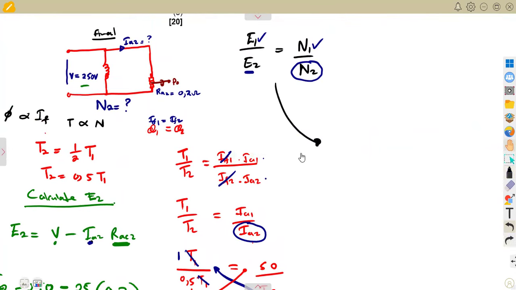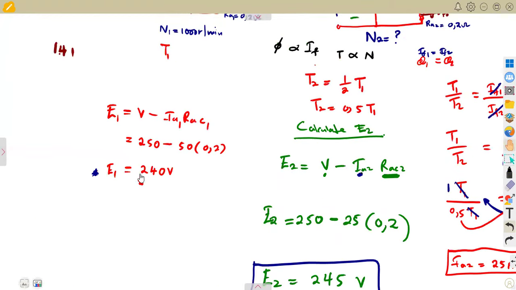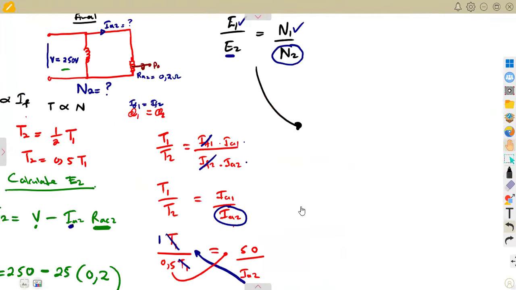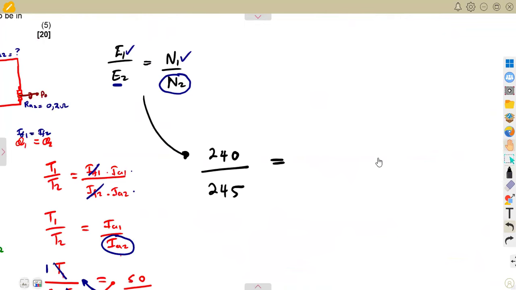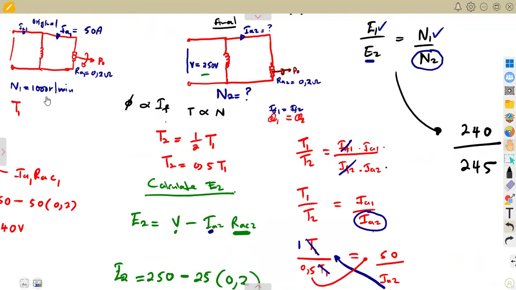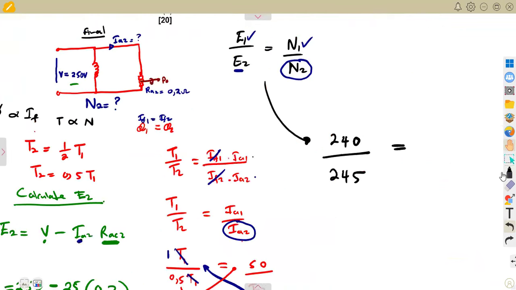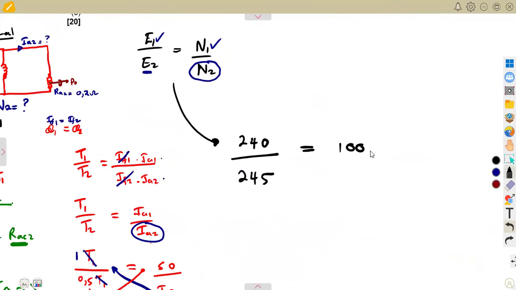E1 we are not going to calculate, because originally E1 was 240. So that's 240 over E2, the one that we just calculated, remember, we got 245. This is equal to N1, the original speed, which is 1,000 revolutions per minute, over N2.